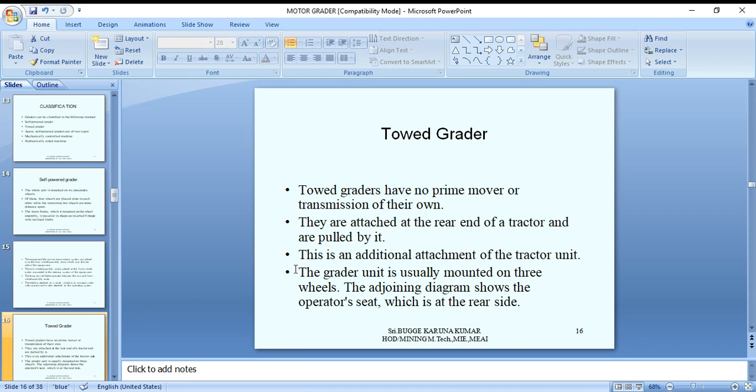One by one, we will learn about the graders. Number one is the tower grader. Tower graders have no prime mover or transmission of their own.